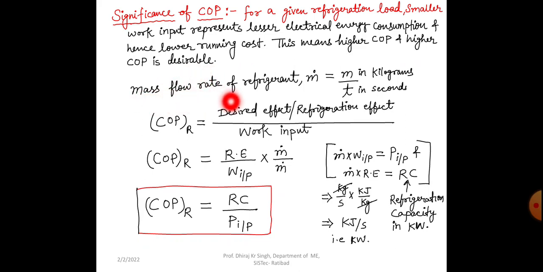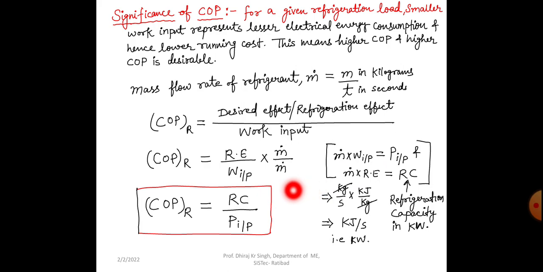Mass flow rate of refrigerant is m dot, and COP of a refrigerator, as we have already discussed, is desired effect or refrigeration effect divided by work input. If we multiply the mass flow rate in numerator and denominator, then we get COP of refrigerator equal to refrigeration capacity divided by power input.